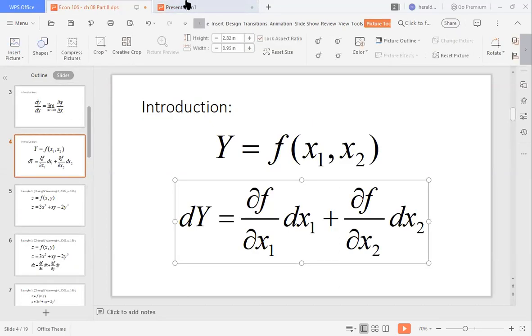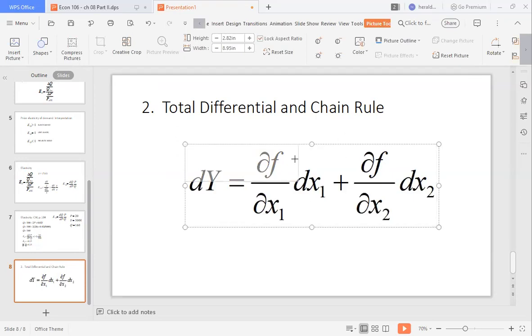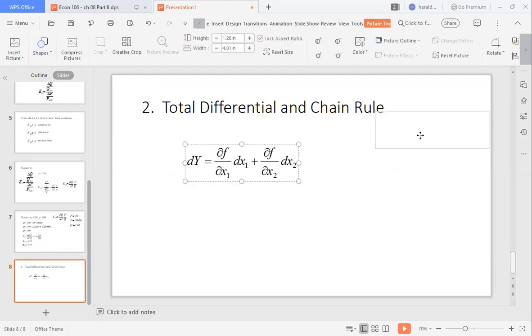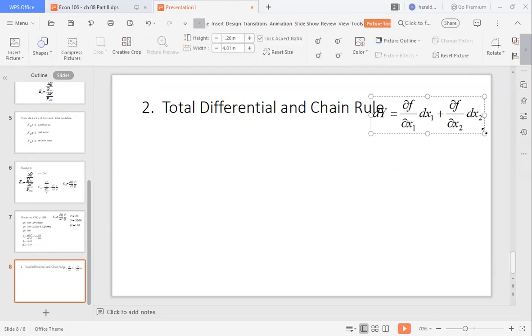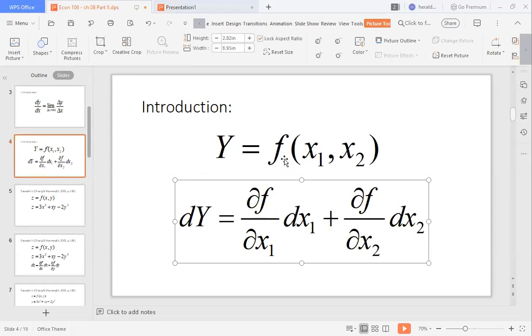Sorry, I'll use this one. Okay, so this is our total differential. Now, this was only possible because when you look at our function, y is directly a function of x sub 1 and x sub 2.